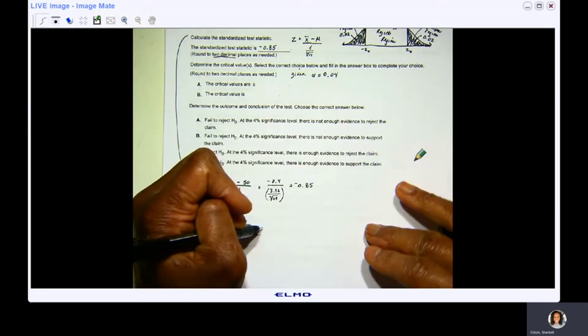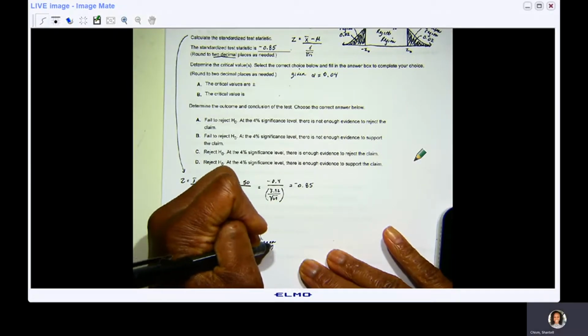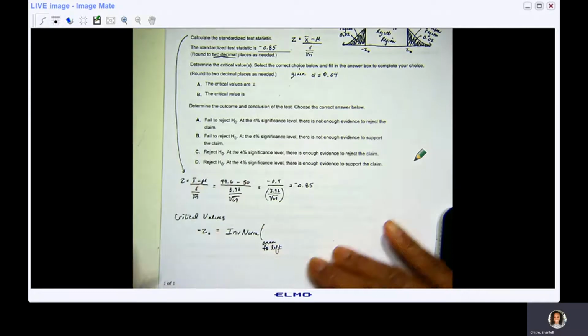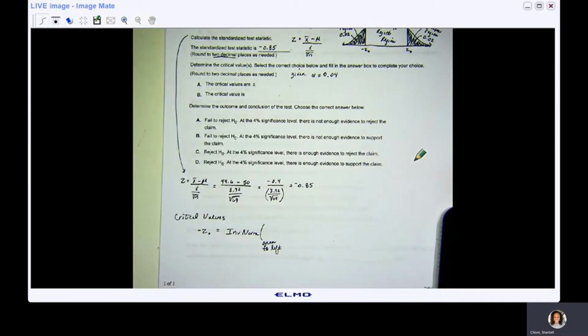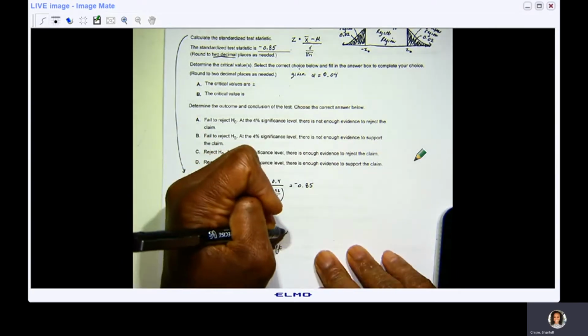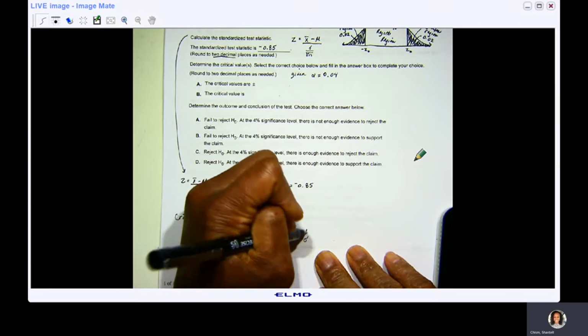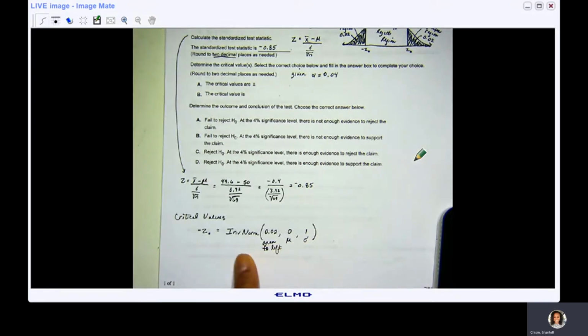So for the inverse norm, I'm going to tell the calculator what the area is to the left. And then because we're dealing with critical values, our mean and deviation will be 0, 1. So our area to the left is this 0.02, and our mean mu is 0, our deviation is 1. Remember, we're standardized, okay?